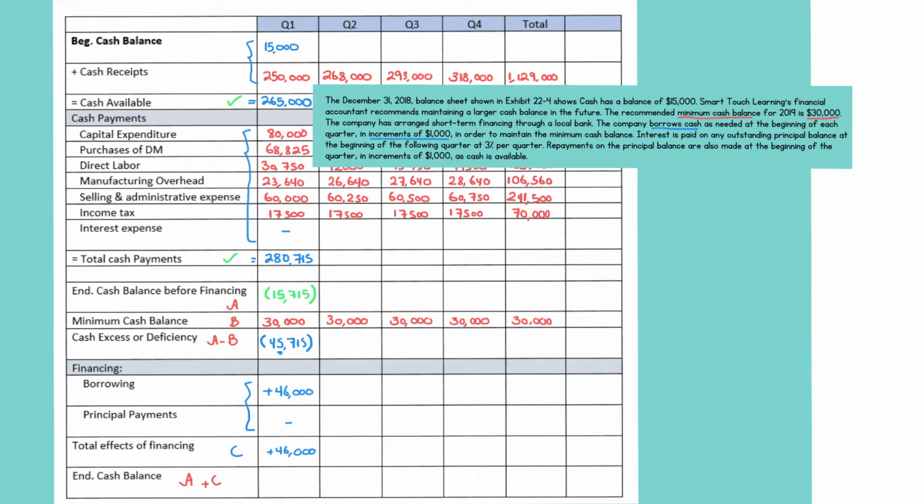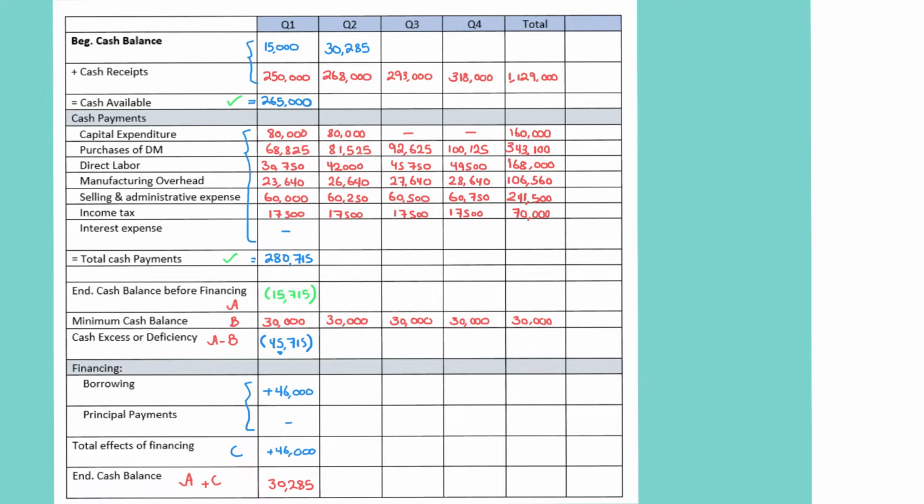So we have negative 15,715 plus 46,000, and you're going to get 30,285. This is the ending cash balance for quarter one and it's above the minimum. It's greater than 30,000.